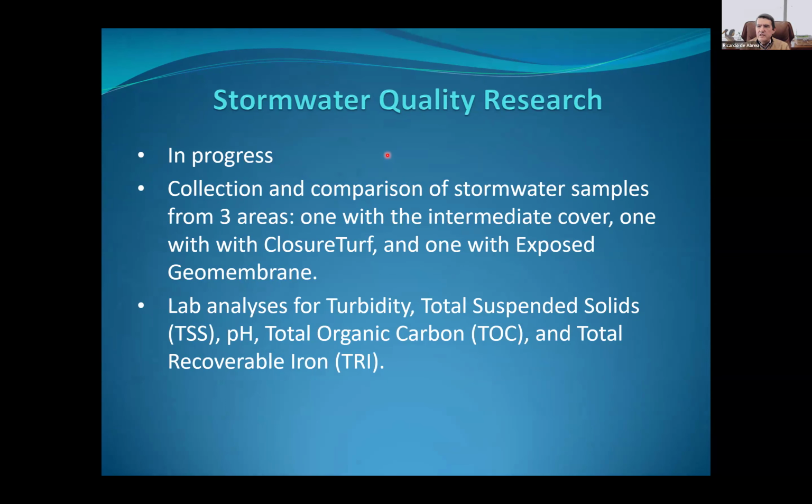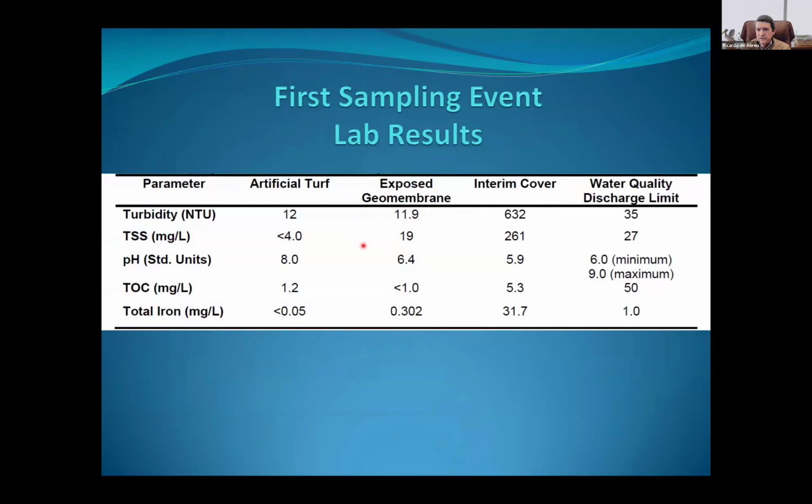We're also doing a stormwater quality research activity where we collect and compare stormwater samples from 3 areas. One in the closure turf, one with the exposed geomembrane, and one from an area with intermediate cover, and we analyze all the parameters that are required to monitor for discharge.